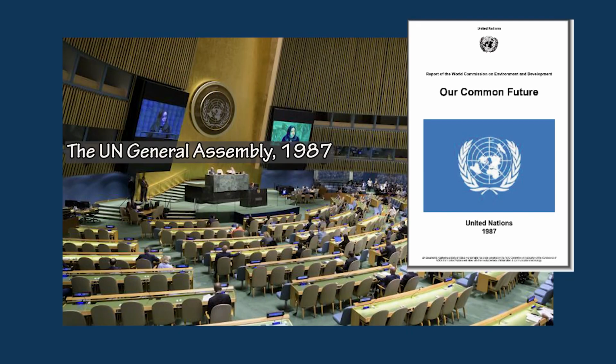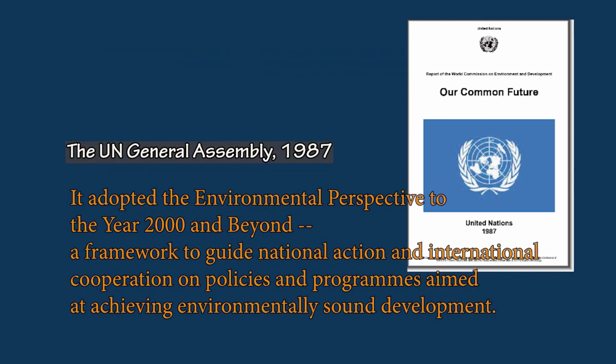The UN General Assembly in 1987 adopted the Environmental Perspective to the Year 2000 and Beyond. This is a framework to guide national action and international cooperation on policies and programs aimed at achieving environmentally sound development.